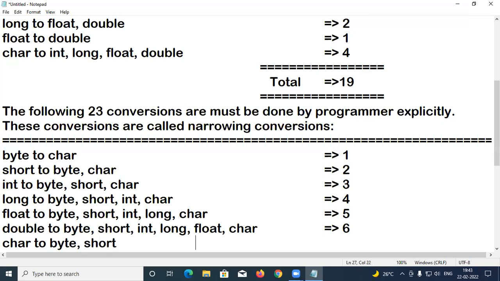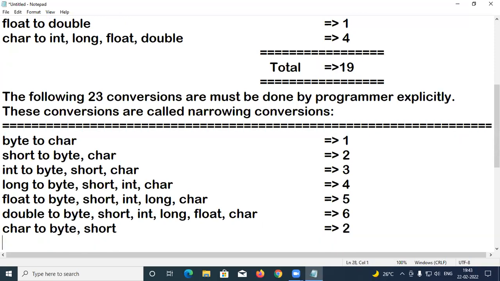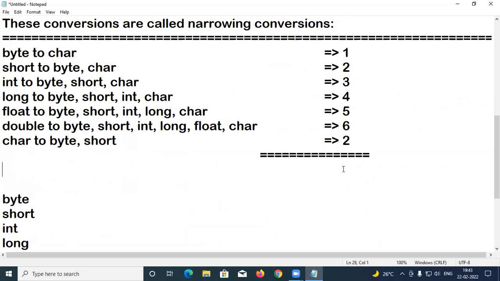That is 2. If we calculate, 1 plus 2, 3. 3 plus 3, 6. 6 plus 4, 10. 10 plus 5, 15. 15 plus 6, 21. 21 plus 2, 23. So this is the 23 total.